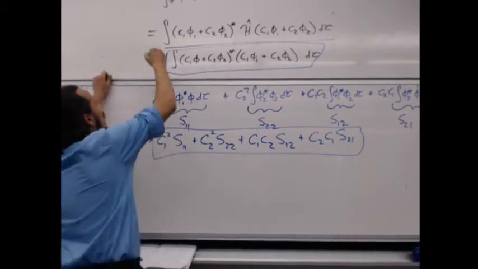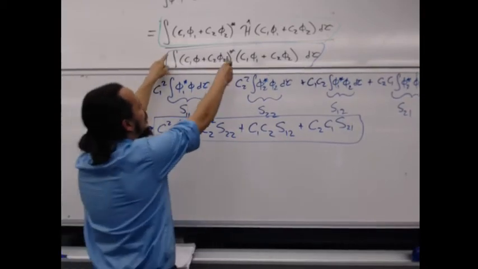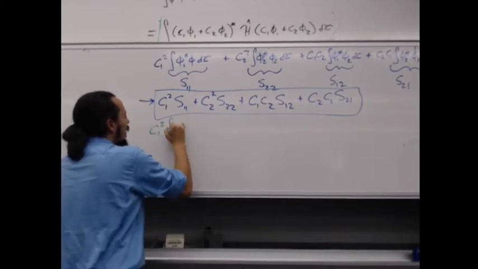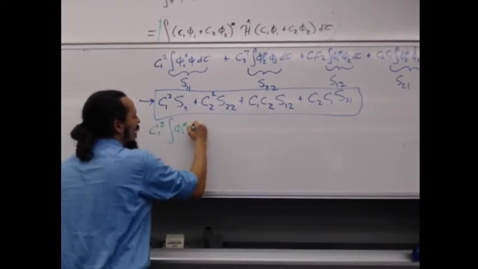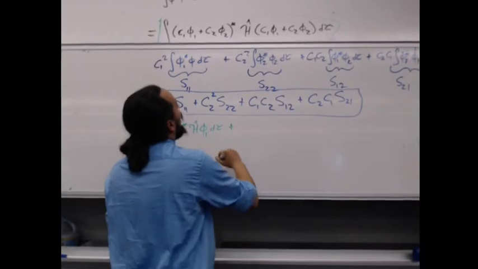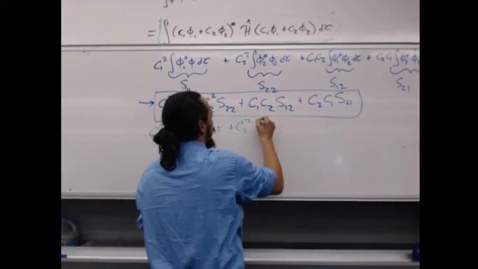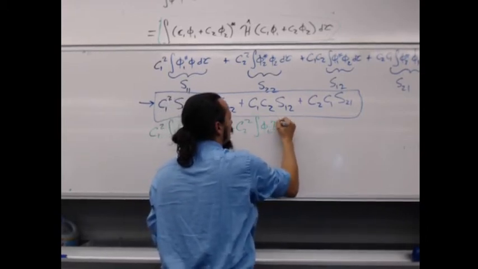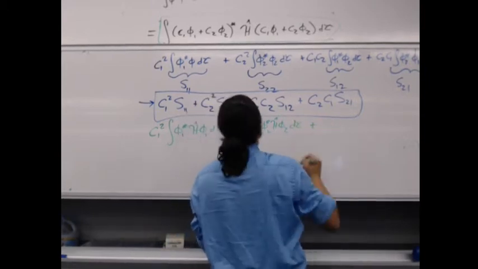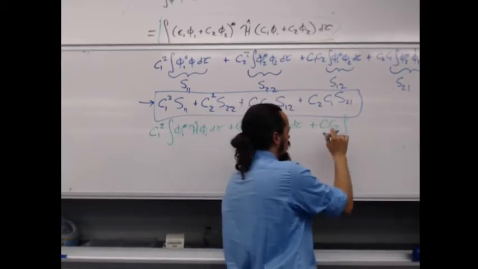So when we look at this top part here, we end up doing the same thing. It's going to be a little bit more complicated. I'm going to have a C1 squared integral phi 1 star h hat phi 1 d tau plus C2 squared integral phi 2 star h hat phi 2 d tau plus C1 C2 integral phi 1 star h hat phi 2 d tau, and then one more, C2 C1 integral phi 2 star h hat phi 1 d tau.